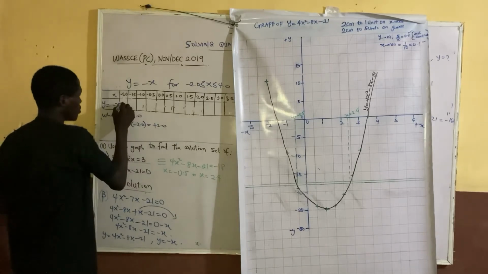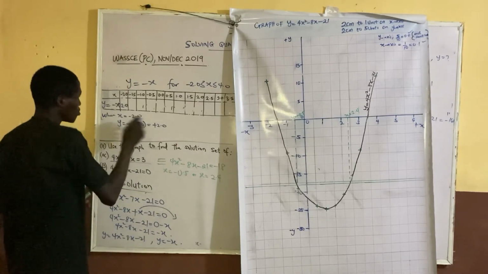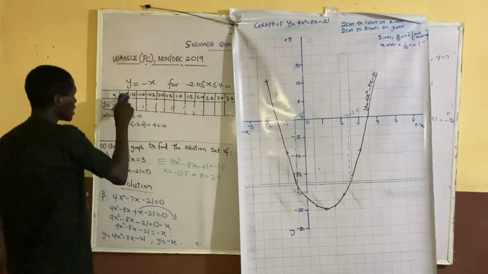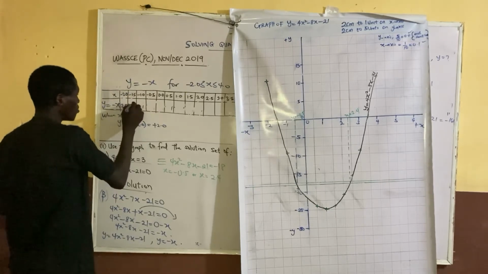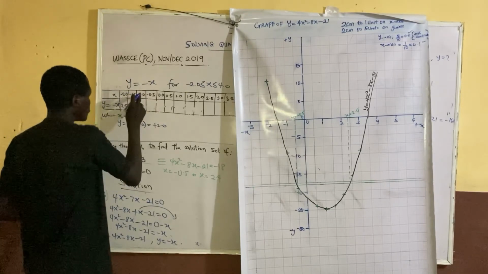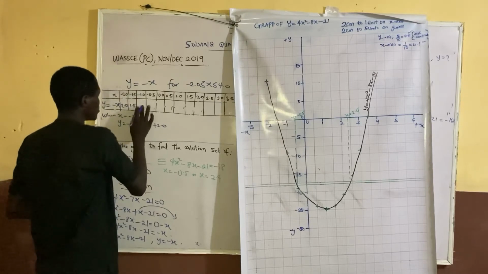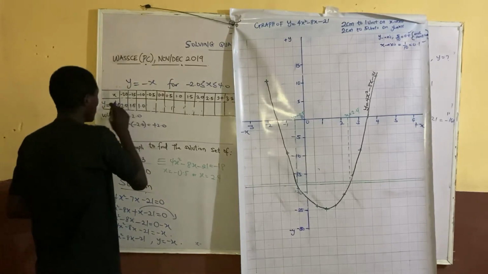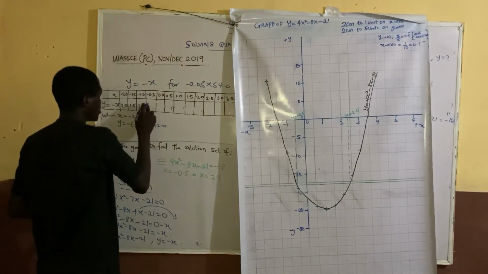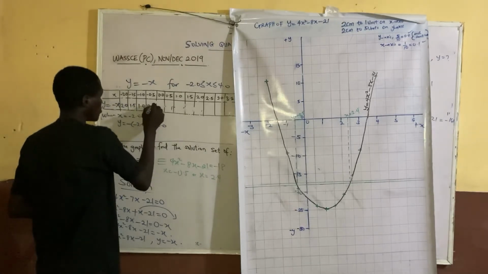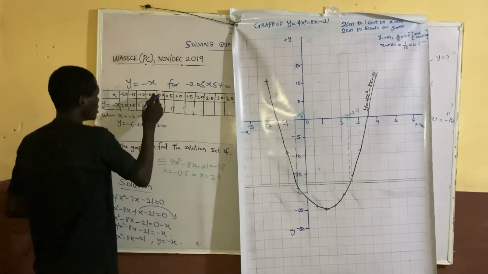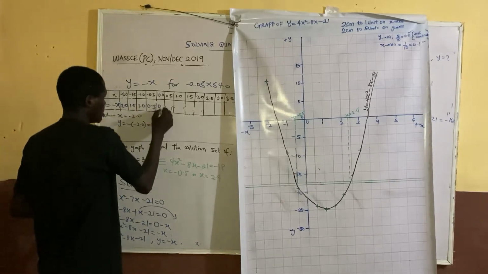This one also will be 2.0. Now, and so on and so forth. So minus times minus 1.5 is 1.5. Minus times minus 1.0 is 1.0. Minus times minus 0.5 is 0.5. Minus times 0 is still 0.0.